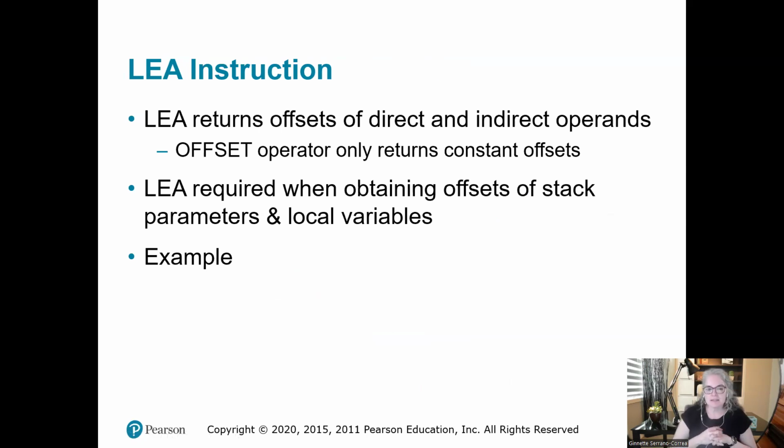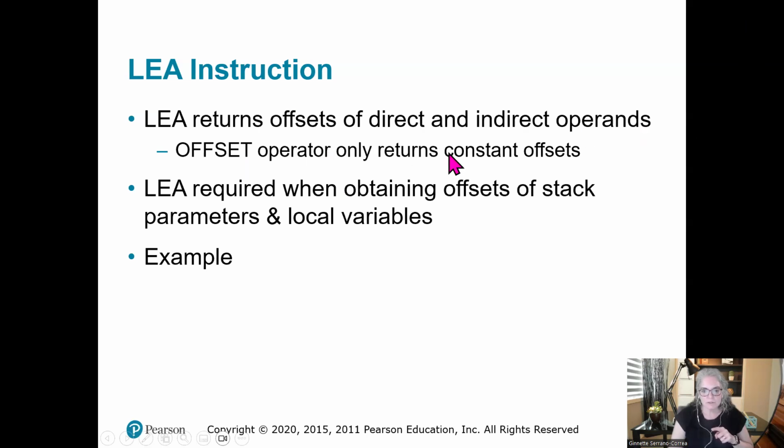Okay, so we're throwing in this LEA instruction. The LEA instruction returns the offset of some memory location. So you can either use the word offset or you can use LEA. LEA returns the offset of direct and indirect operands.